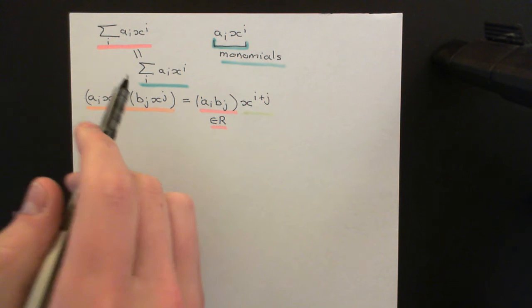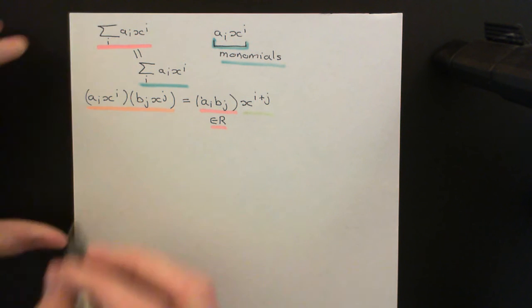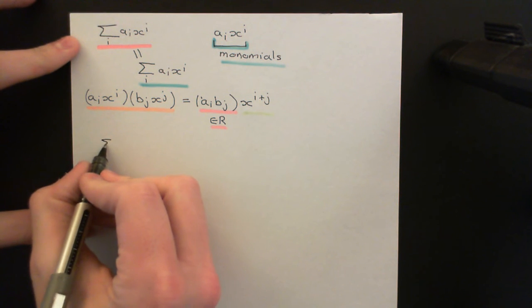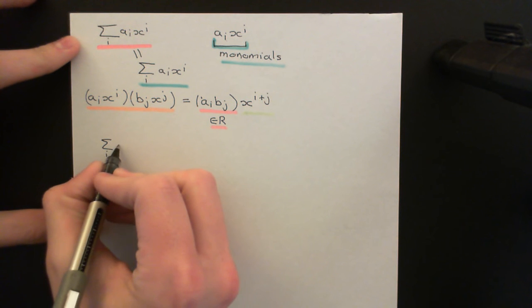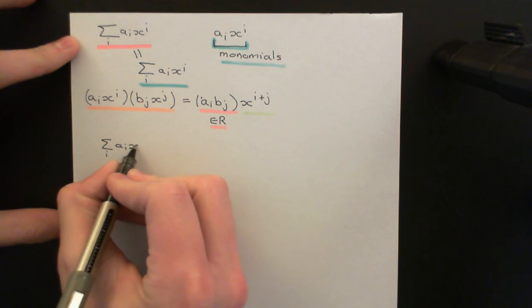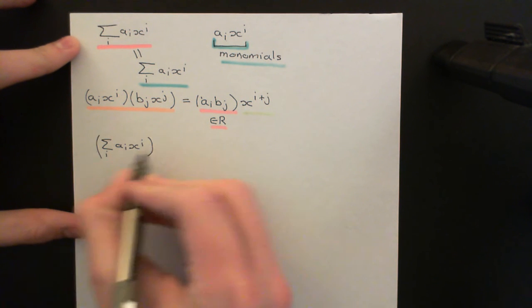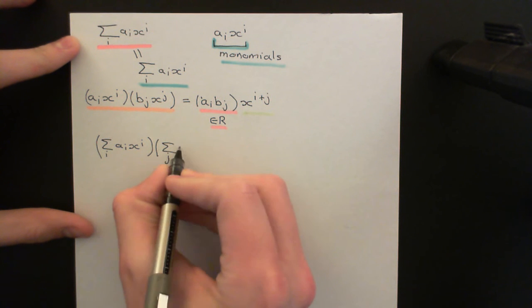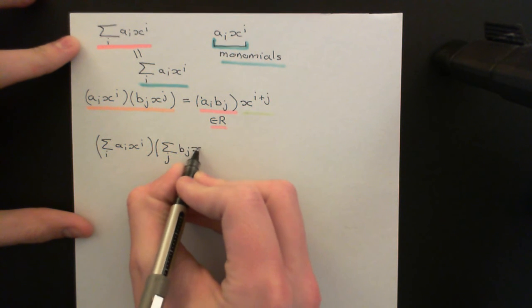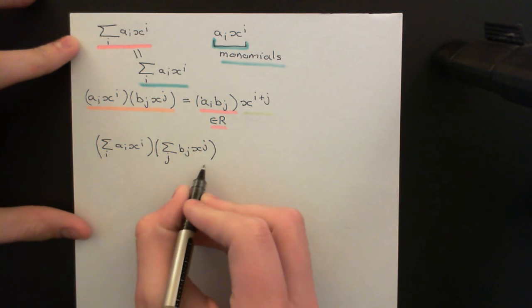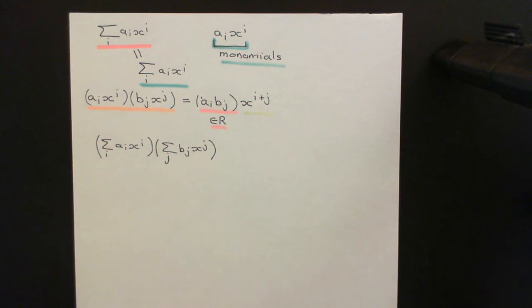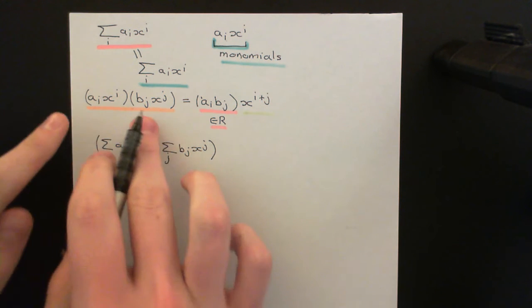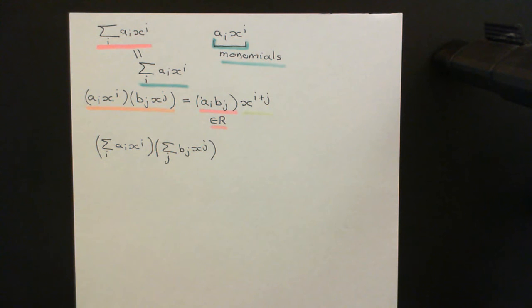Okay, so what I can do is, if I've got two polynomials here and I want to know what the multiplication of them together is, so here's one polynomial here, and here's another polynomial here, the sum over, let's say, j, b_j x^j here, so here are two polynomials now, so they've got lots of terms potentially that are non-zero, not just one, as was the case in the monomials there.